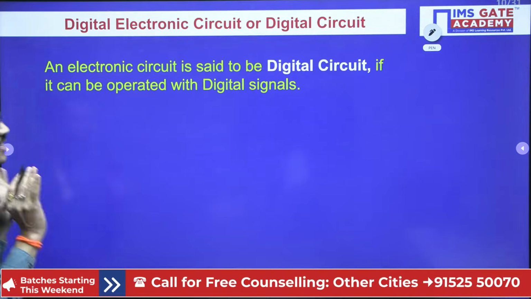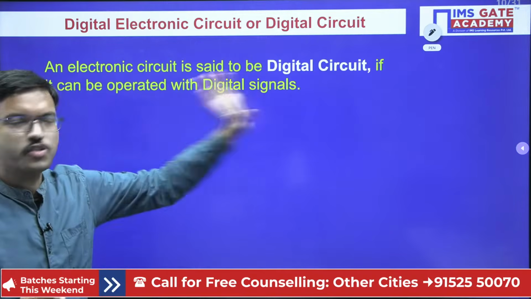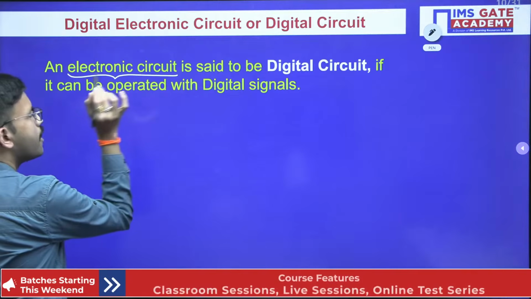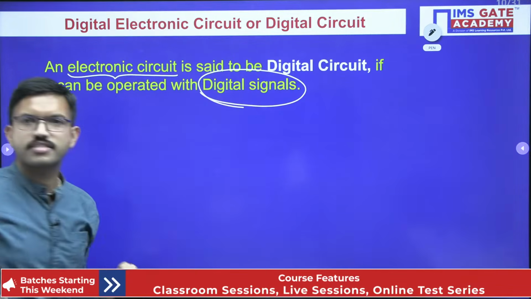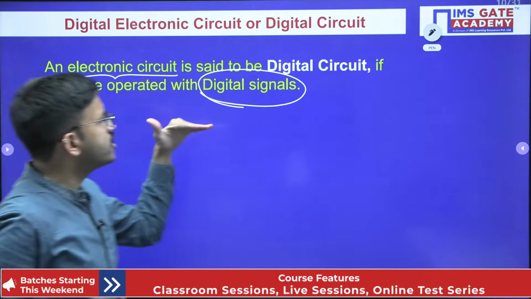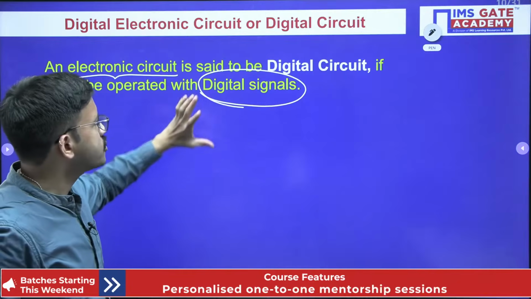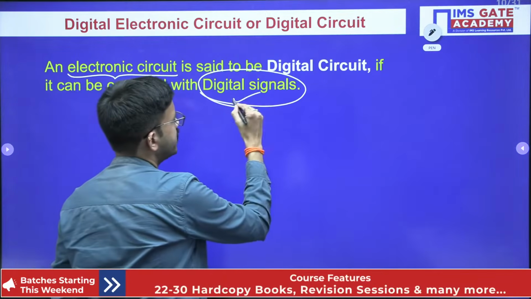Now in our course, in our subject, we'll focus on digital circuits. That means here you have an electronic circuit, but you can operate this circuit with the help of only digital signals. That means you are operating only at two levels, either 0 volt or 5 volt. Since you are operating only at two levels, we call that signal a digital signal.